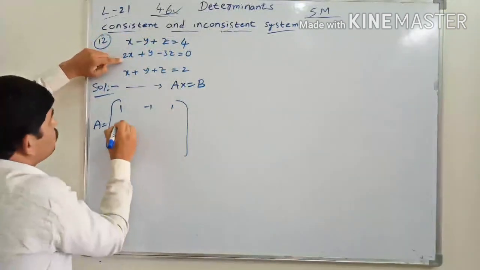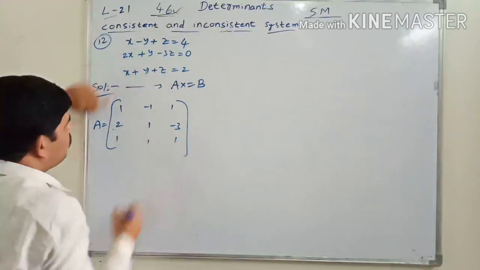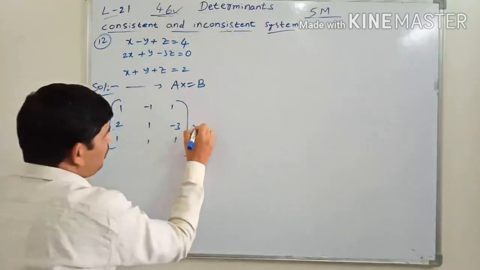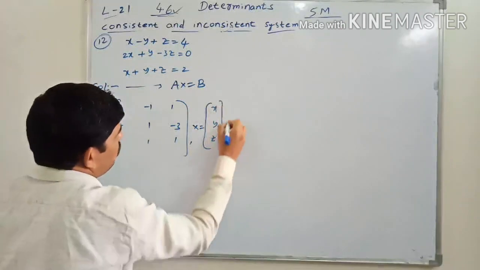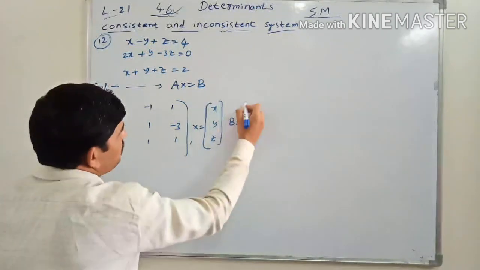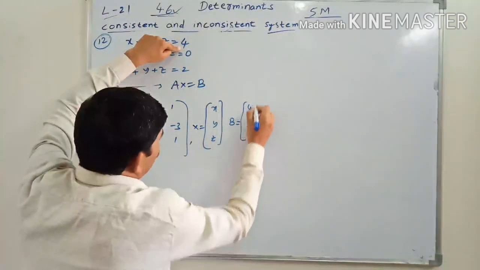Again second equation is 2, 1, minus 3. Again 1, 1, 1. Completed now. Next X is the variable matrix x, y, z. Again B is the constant matrix, so 4, 0, 2.